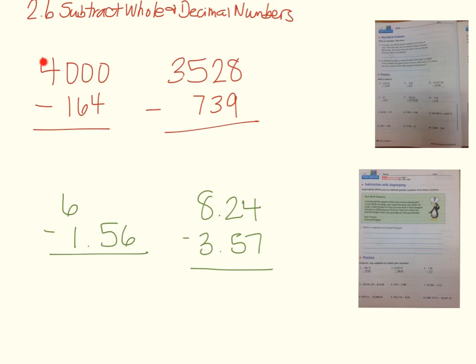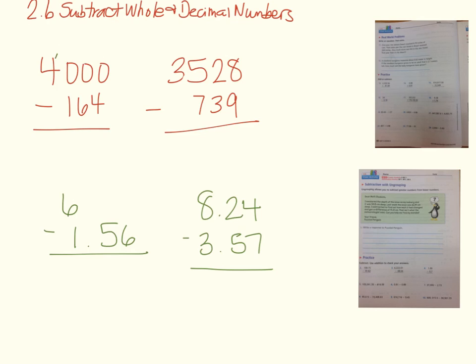I need to regroup this 4,000 into some numbers that I can spread around a little easier. So I'm going to break apart this 4,000 because I can't even use any of the tens, any of the hundreds, but I have to break up these thousands so then I can start distributing the rest over here.